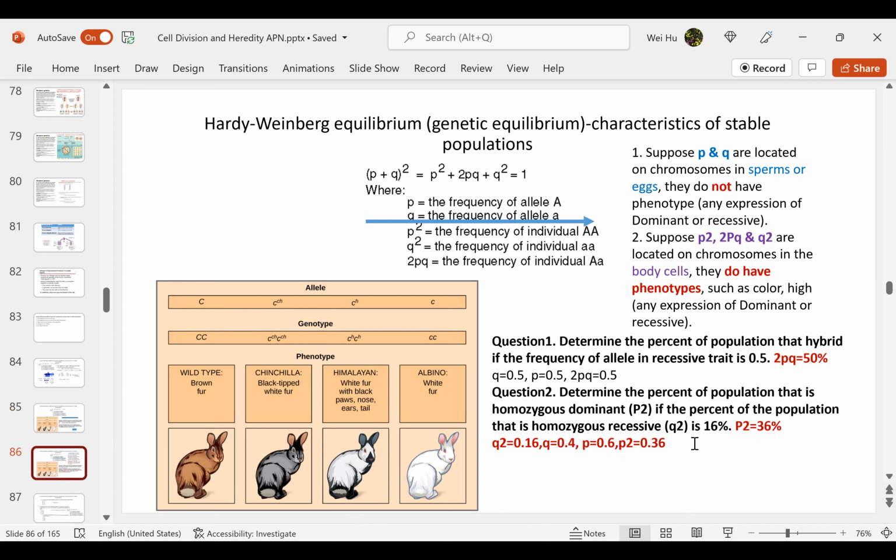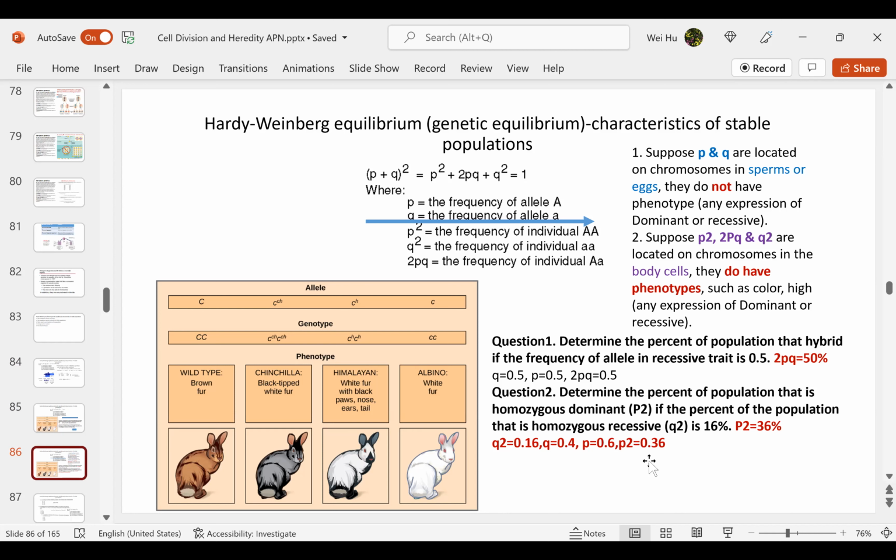Okay, so your Q squared is 16%, so then Q must be 0.4. Then P must be 0.6. Then P squared will equal 0.36. Here you can see they ask you to determine the percentage of the population that is homozygous dominant. They ask you P squared, right? So now you got P squared. Do you have a problem with this calculation? No. Okay, good.